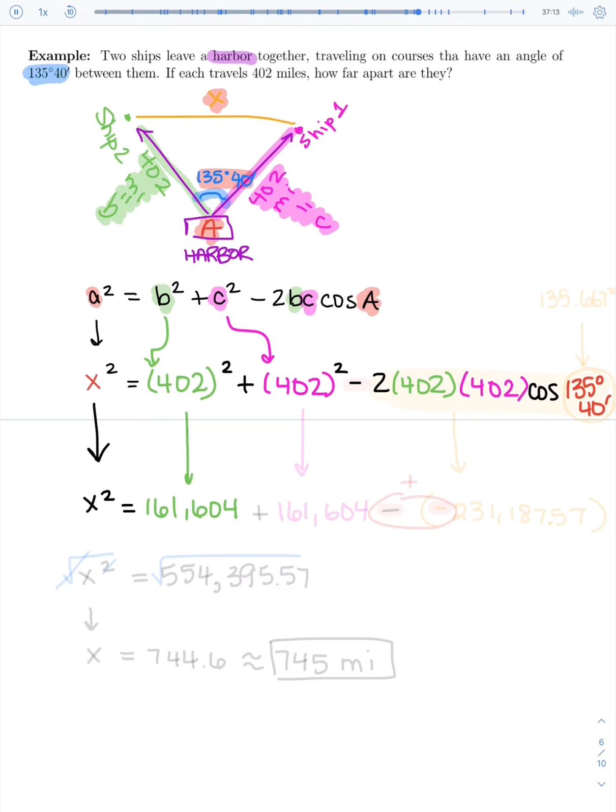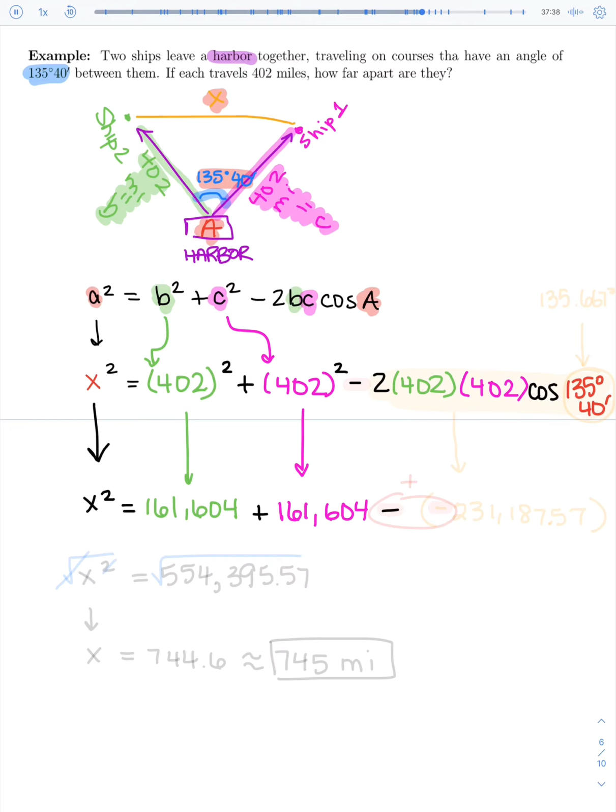But then, plus, we have another 402 squared, which would be another 161,604, minus, then we also need to multiply out our 2 times our 402 times our 402 times our cosine of 135 degrees and 40 minutes.